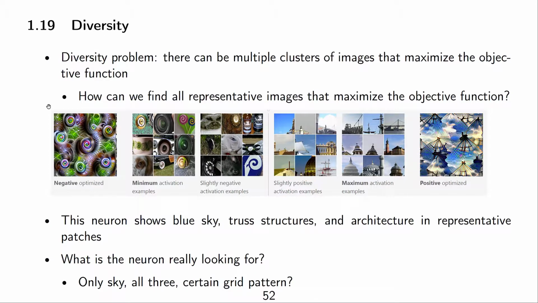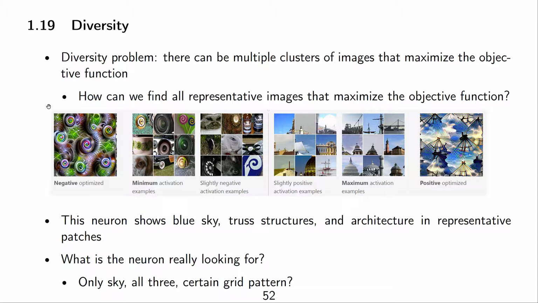One other aspect people looked at is the problem of diversity. There can be multiple clusters of images that maximize the objective function. As some random example, let's just say that one particular channel later in the network would not only activate for one semantic class of images, but for multiple.